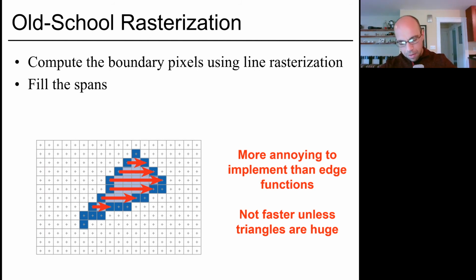So one old school rasterization trick that's kind of fun would be that you essentially first render the boundary curve of your triangle as 3 lines. And you would do so with an algorithm that is guaranteed to produce a contiguous line of pixels, so they all share a boundary edge. And then, as you do that, you just fill in horizontally from the left line to the right line. This is more annoying to implement, and it's typically not a whole lot faster, but there are some fun algorithms for drawing lines.